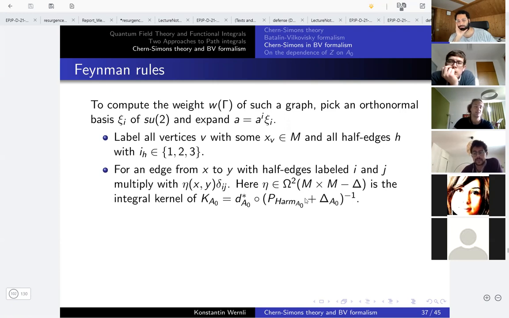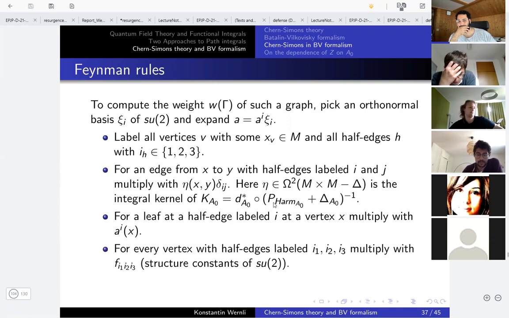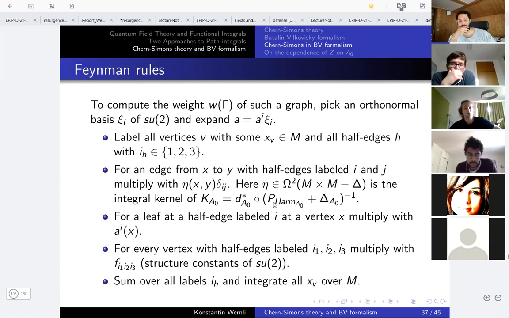So you can check that this is actually the inverse of dA0 when restricted to the gauge fixing Lagrangian, so to co-exact forms. And for a leaf, you multiply with the field A. For the vertex, you multiply with the structure constants, and then you sum over all the labels and integrate over the manifold.